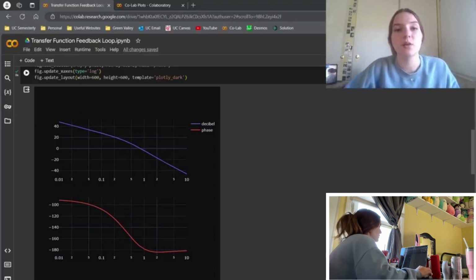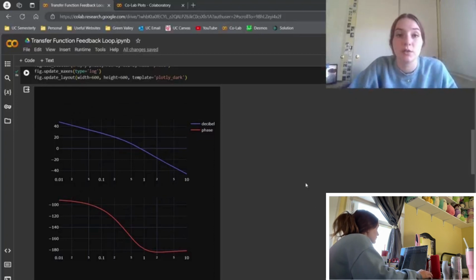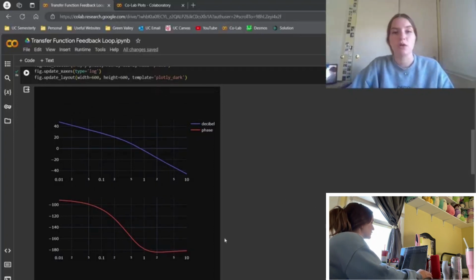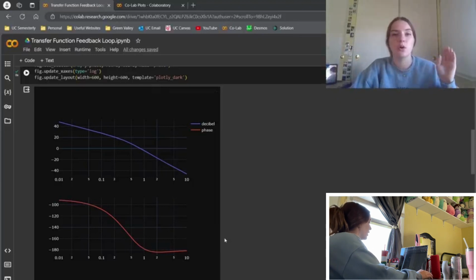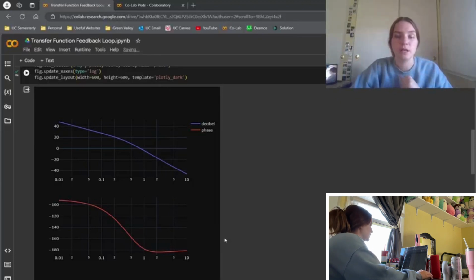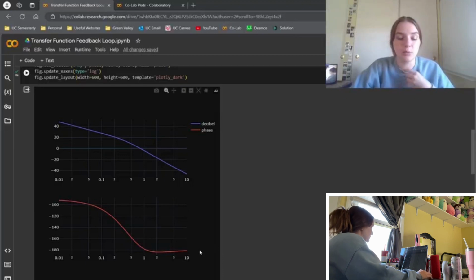So the first thing that we want to start looking at is our crossover frequency. So our crossover frequency, once you go under a negative 180 degrees on the phase graph, your system becomes unstable. So we're going to go to our phase graph, and we are going to find where our graph crosses negative 180.